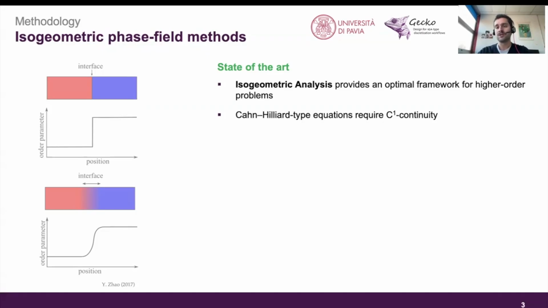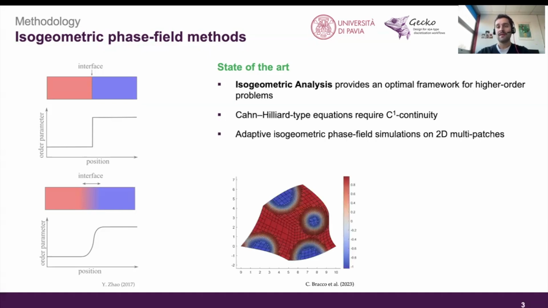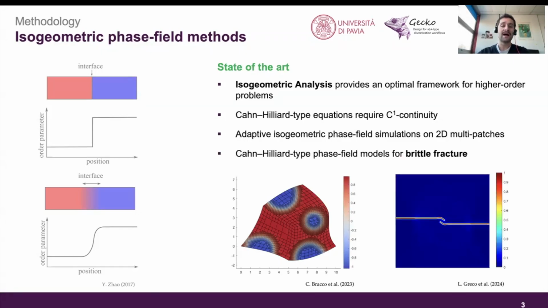In this case, just by using quadratic B-spline based basis functions, we can meet the C1 continuity requirement of the Cahn-Hilliard equation. Some previous works in this direction regard adaptive schemes on 2D multipatches, also in the context of the Cahn-Hilliard equation, and brittle fracture models, also in the higher order sense.